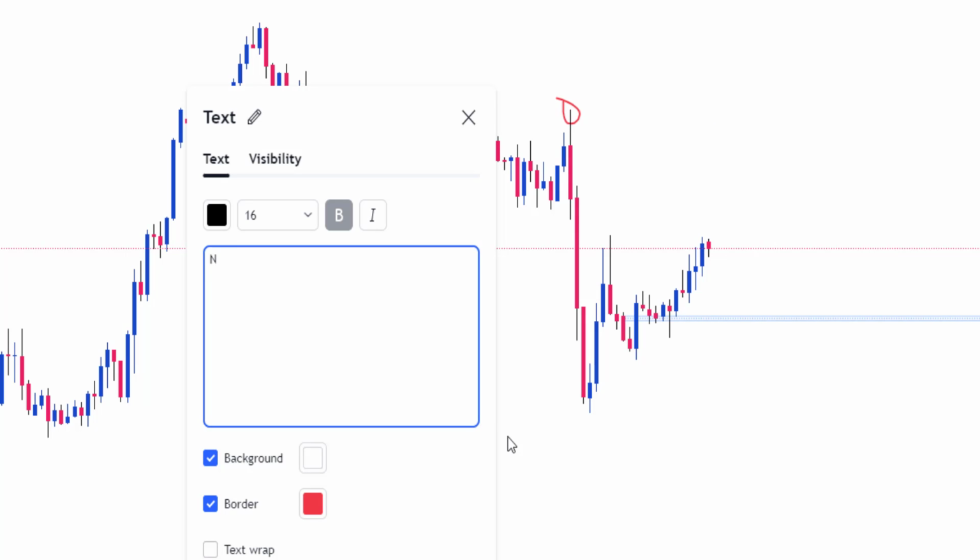For NWOG, you will need to see the difference of price from Friday and Sunday. That's the gap. While NDOG is simply the difference of price between 5 p.m., the close of the market, and 6 p.m. New York time. All right, this is New York time. You can convert it to your time wherever you are and see exactly what time it is.